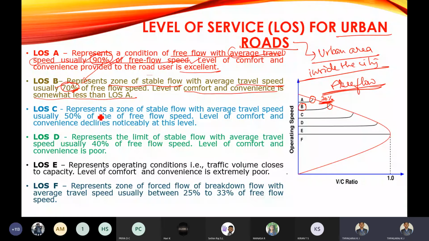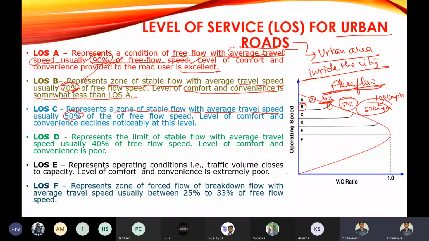Then C represents the zone of stable flow with average travel speed. The speed is reduced to 50%. So from here to here, it is 50% speed. This is what we are going to call the operating speed. If the road is designed for 100 kmph, we have to travel only within 50 kmph.